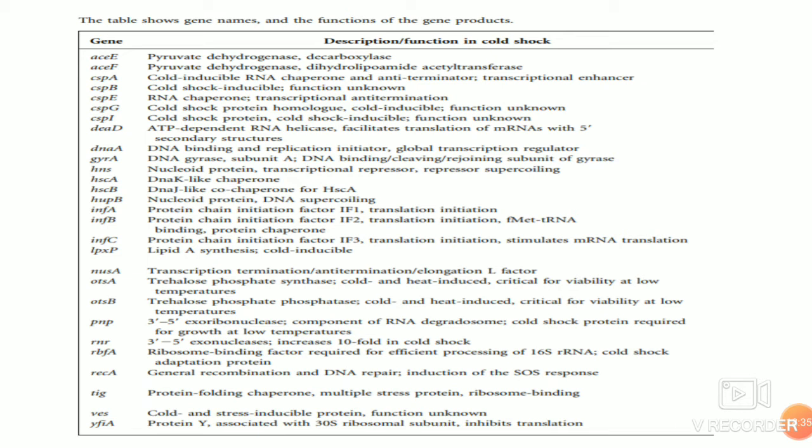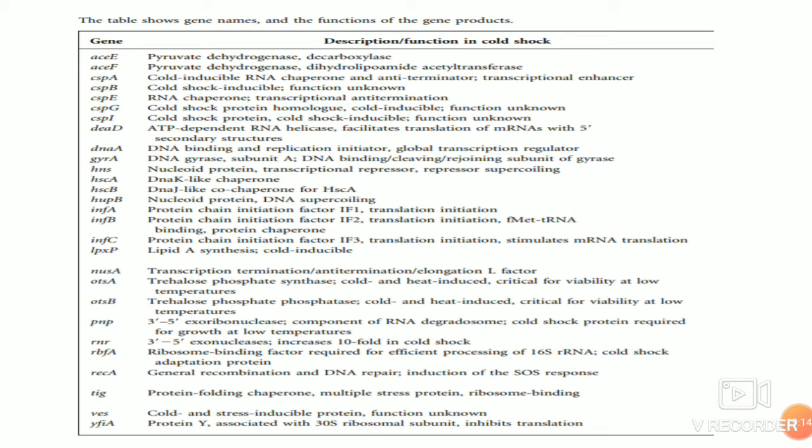So at low temperature, it can cause misfolding of the RNA, which is not required. There are other proteins like initiation factor 2 and initiation factor 3, which are also modulated under the effect of cold stress. There is another protein which has a role in protein folding during translation, which is trigger factor.